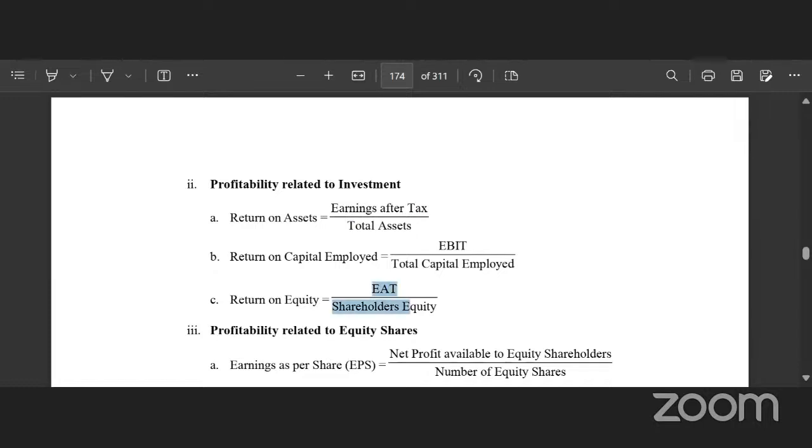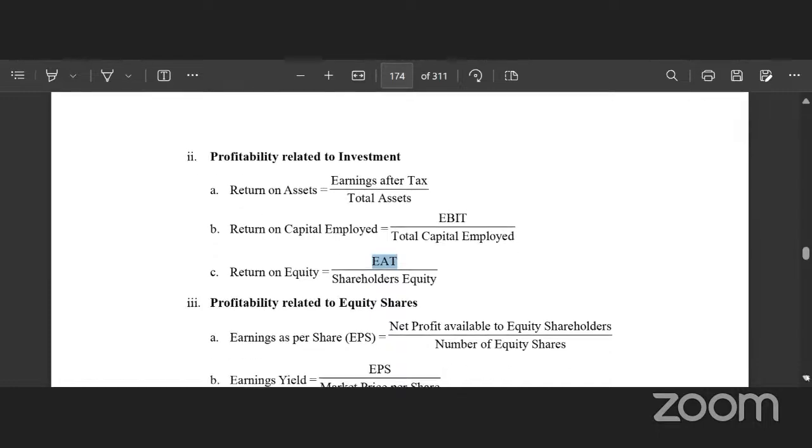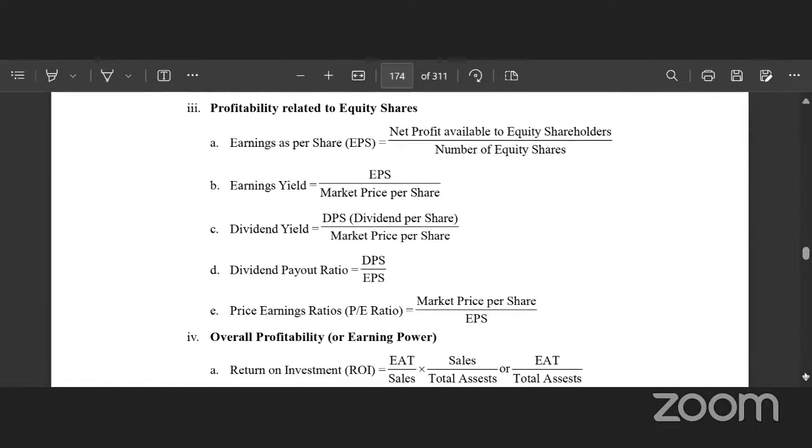Earnings after tax is the earnings available to equity shareholders for every 1 rupee they contribute. Then profitability related to equity shares is earnings per share. So this is a very, very important measure.